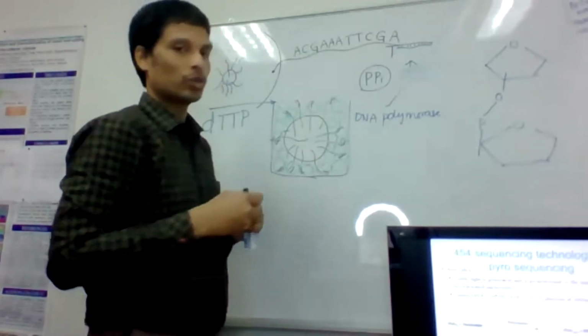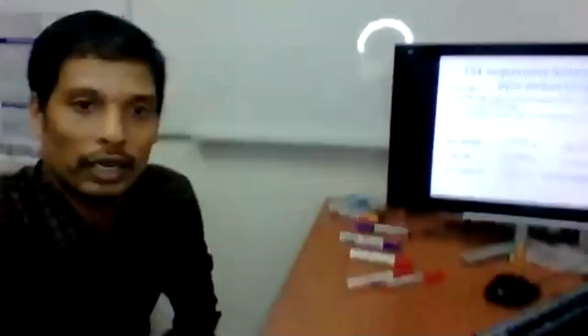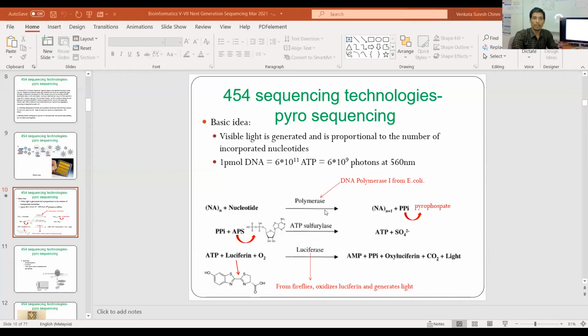So what happens once it releases the pyrophosphate? Come to the reaction in the slide. Once you add the nucleotide, pyrophosphate is released in the presence of polymerase.